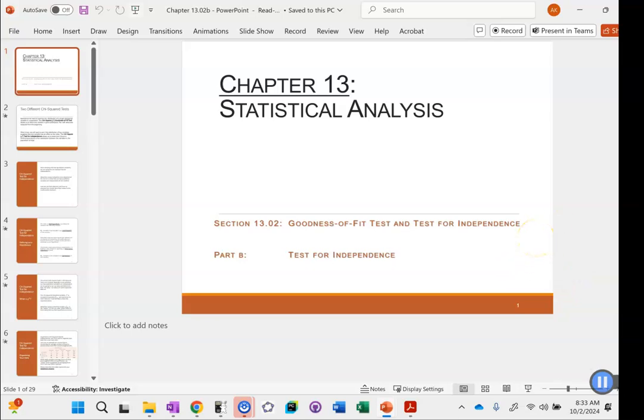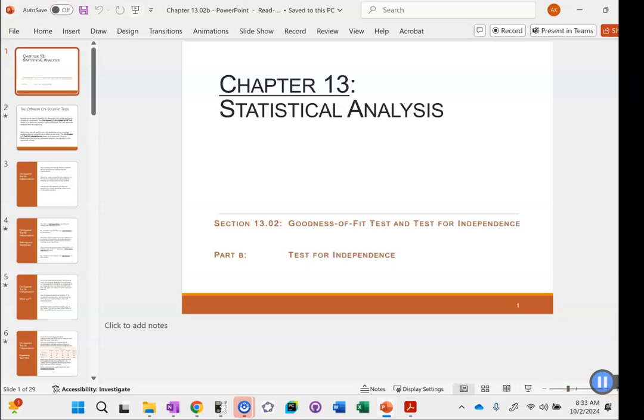Or, if we get a p-value, if p is greater than alpha, that's the equivalent of saying chi-squared calculated is less than chi-squared critical, then we have support for the null. And if the p-value is less than alpha, that means chi-squared calculated is greater than chi-squared critical, so we have support for the alternative.